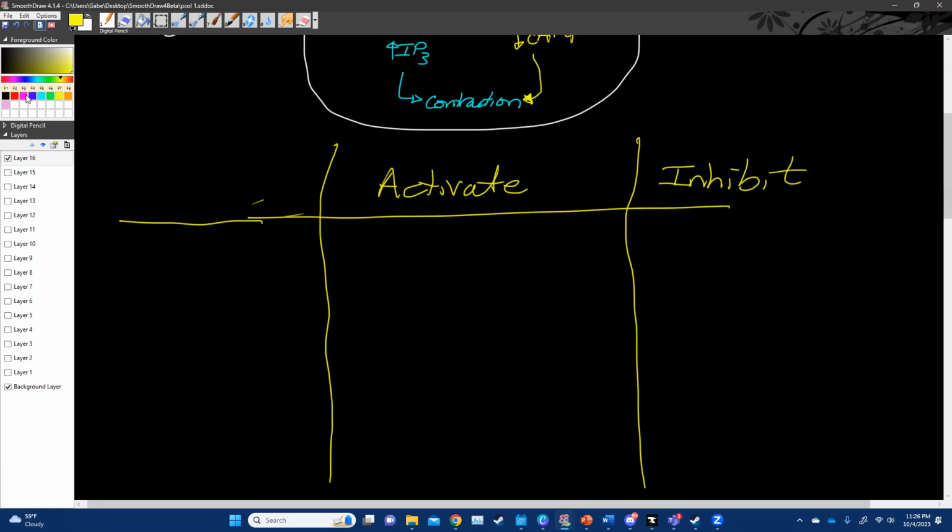Let's look at the first location that we can talk about, which is blood vessels. The effect of turning on alpha 2 is that we're going to decrease vasoconstriction.